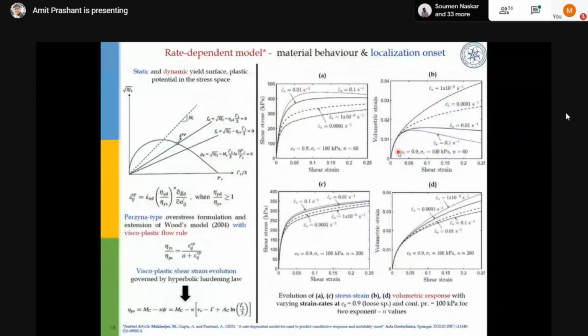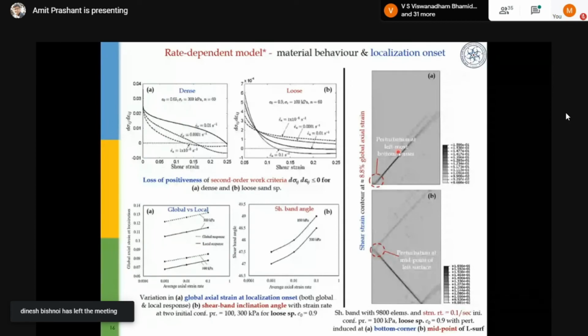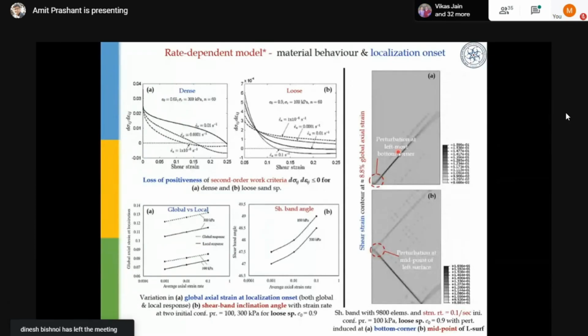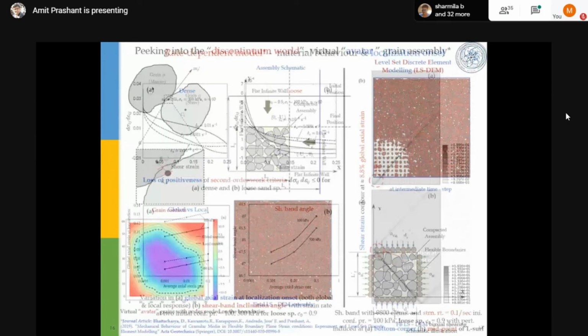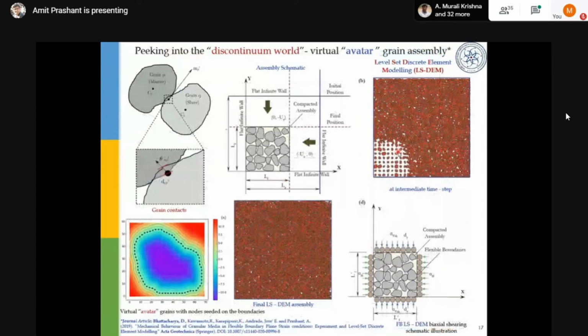So we developed a rate-dependent model also, which is recently published, and with that we did some simulations as well. With those simulations, the results come out to be much better than what we can generally expect. Even if the material as such is not expected to be rate-dependent, or the problem is not expected to be rate-dependent as such, still, for simulation purposes, it becomes important to use rate-dependent models if you're doing finite element simulations to capture the instabilities properly.